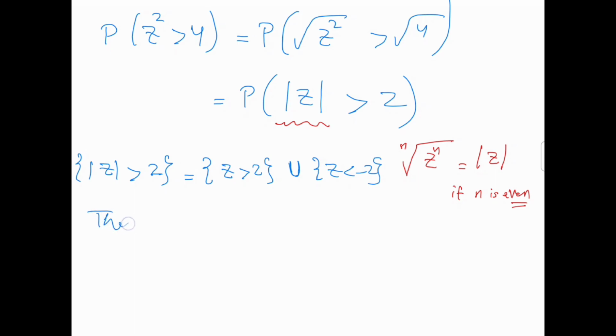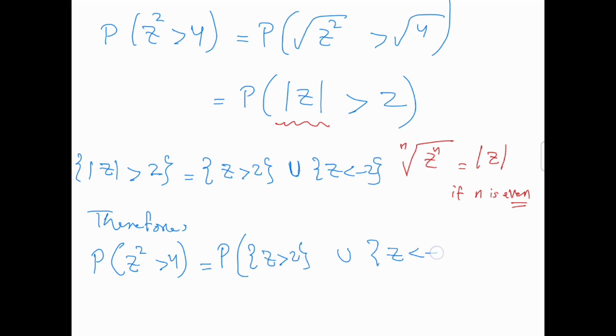Therefore, the probability that Z squared is greater than 4 is equal to the probability of Z greater than 2 union Z less than -2.